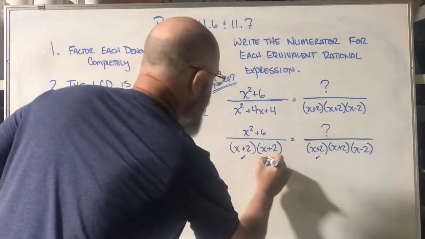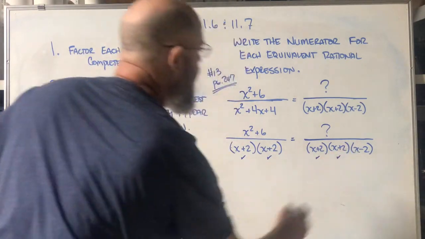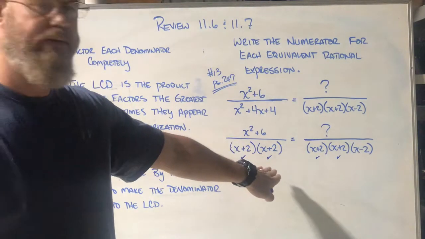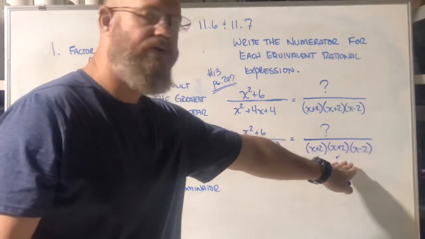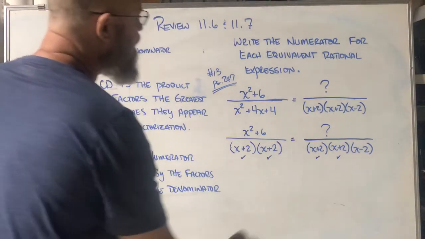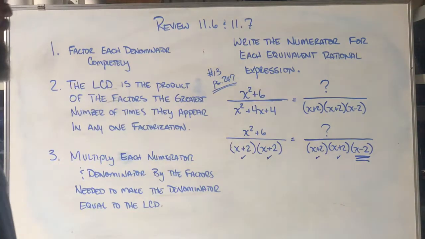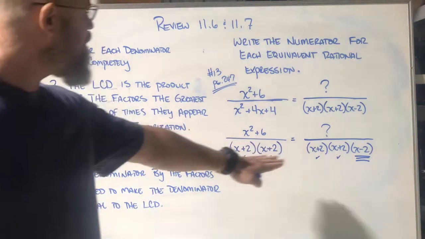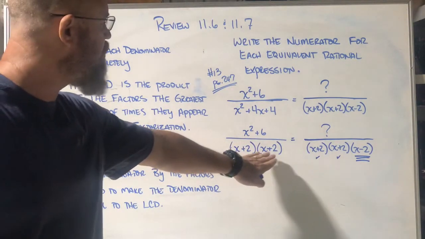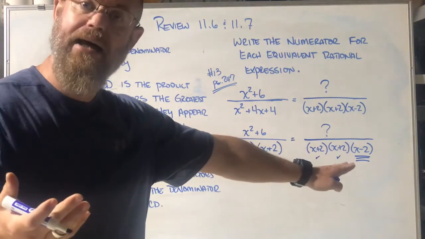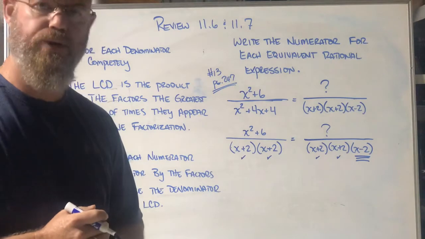I've got another x plus 2. But what don't I have in the original denominator that I do have in the new denominator? I have an x minus 2 over here. So what did I have to do to this denominator to get to this denominator? I had to multiply x minus 2 to it.